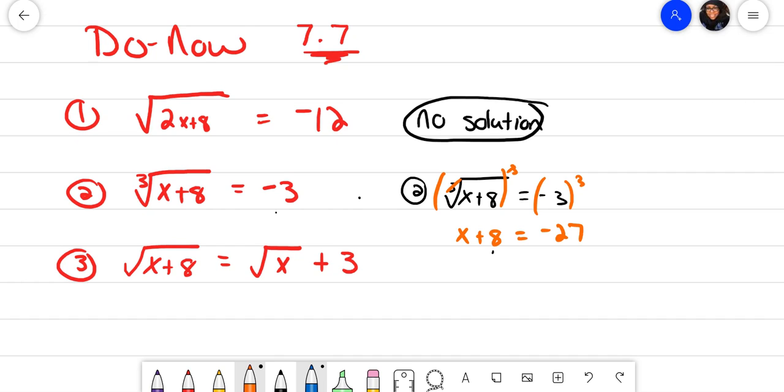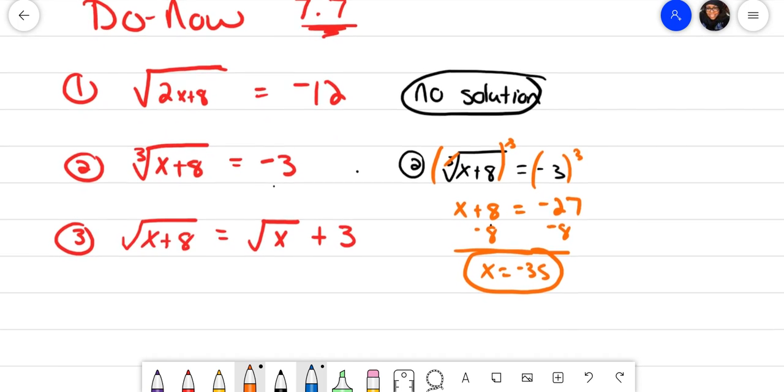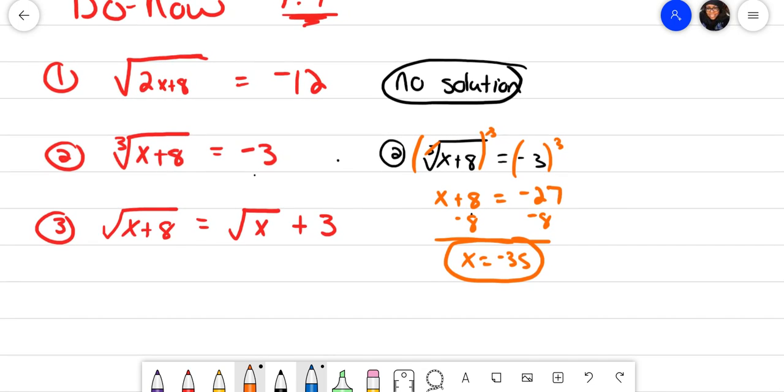To continue to solve this, we're going to move the 8, and we end up with x equals negative 35. Again, with these radicals, you should always be checking.